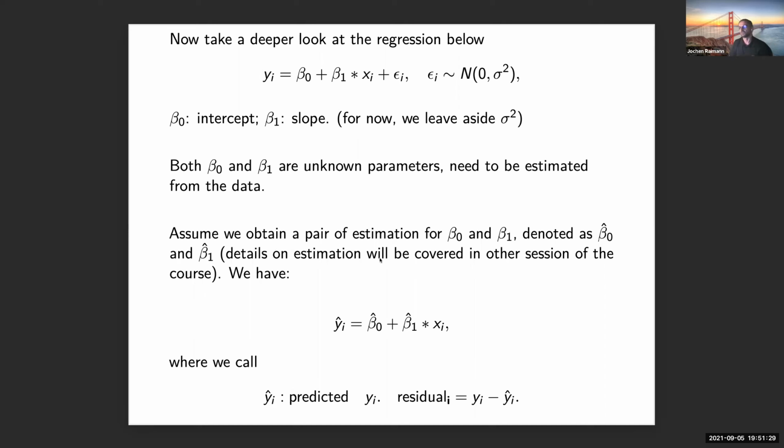Assume we obtain a bias estimation for beta 0 and beta 1, denoted as beta 0 hat and beta 1 hat. And we will do this estimation later on. But for now, we basically have an estimated function, an estimated pair of entries for each individual.